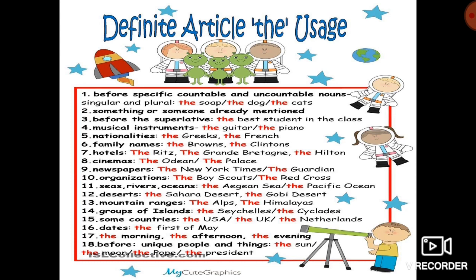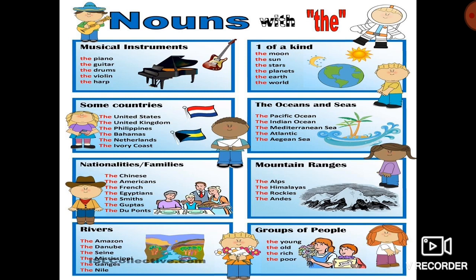Here is one more picture in which you can go through all the uses again. And similar is with this. Here also you can go through all the examples that are given here.